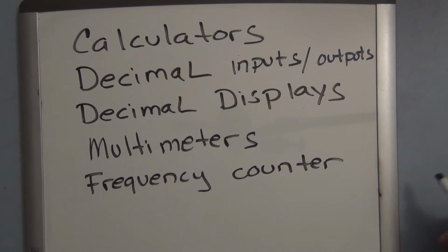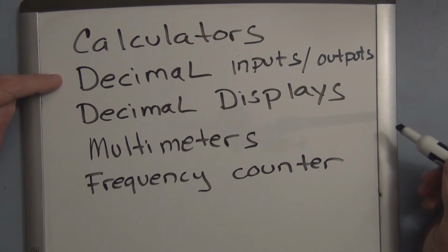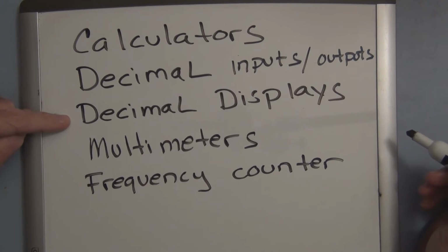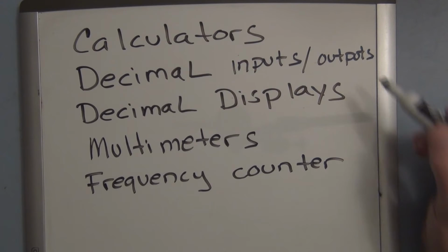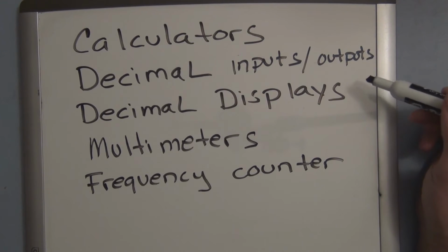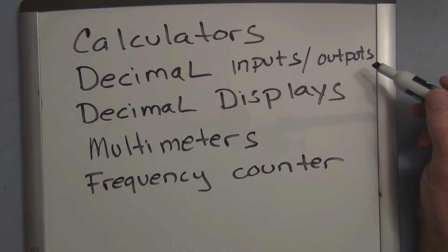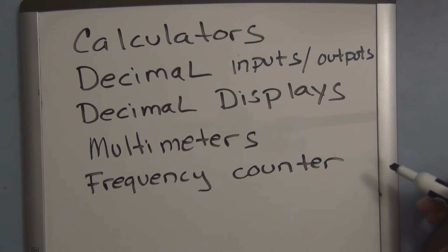So where will we find BCD code? Well, whenever there are digital inputs and outputs, or digital displays, like calculators, multimeters, frequency counters. Wherever we have digital displays, or we're inputting decimal information and outputting decimal information, we can use the binary coded decimal system.